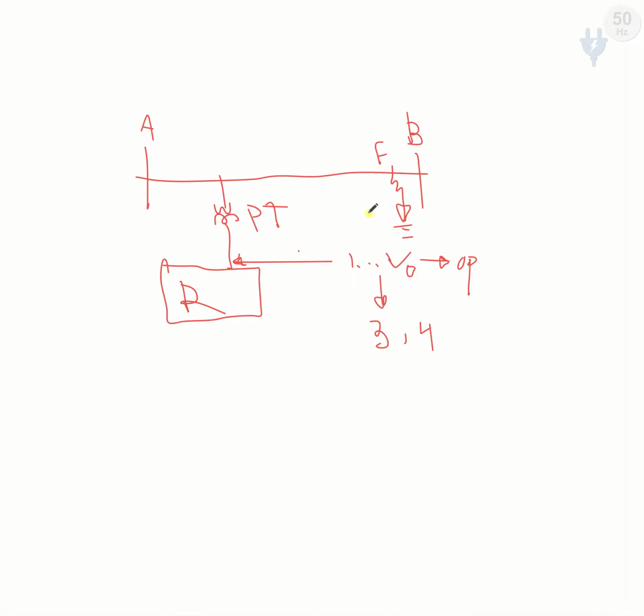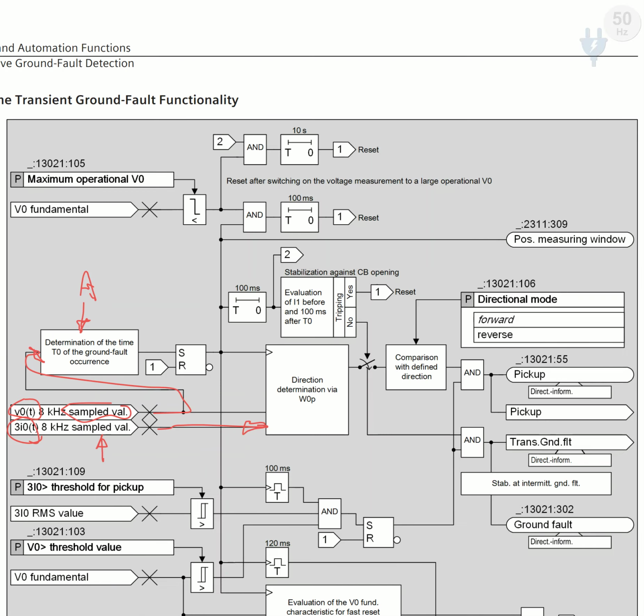The moment at which this transient ground fault occurs in the system, we call this time T0. As V0, the zero sequence voltage, is very sensitive to the happening of a fault in the system, we use the zero sequence voltage for detection of the exact time of happening of the fault. That was the task that block A does.